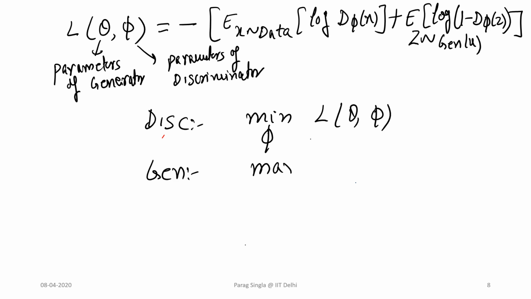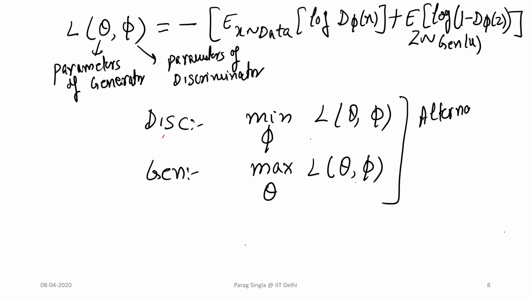Therefore, it wants to essentially maximize this loss over its own parameters, which are given by theta, right? And this is an adversarial setting, right? This is an alternate minimization, maximization problem, and this is exactly how it is solved.